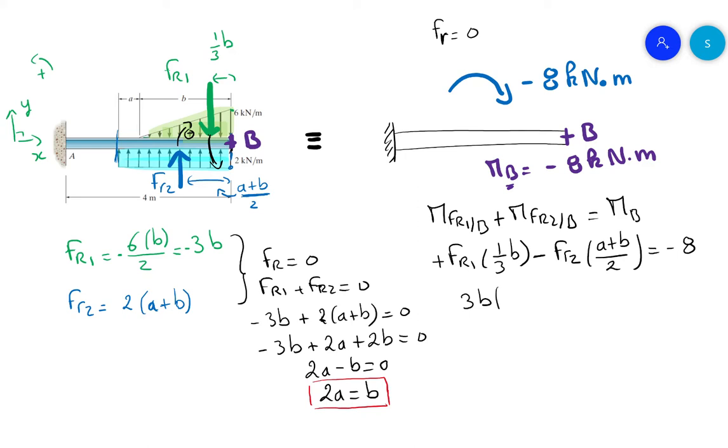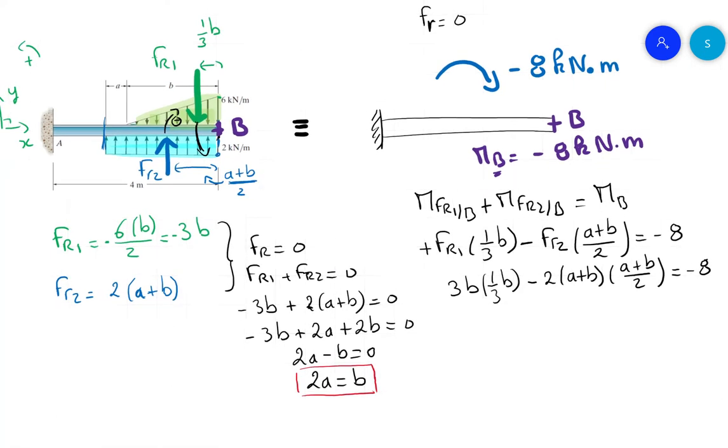So 3B times 1/3 of B minus FR2, that is 2 times A plus B, times the distance A plus B divided by 2, is equal to -8. Okay, so this one gives us just B squared, and this one gives us minus A plus B squared, equal to -8. So we have B squared minus A squared minus 2AB minus B squared equal to -8.